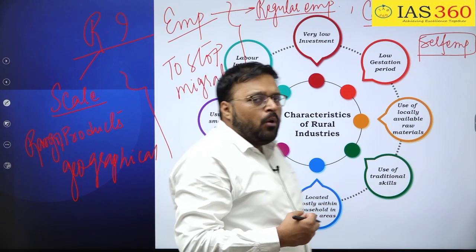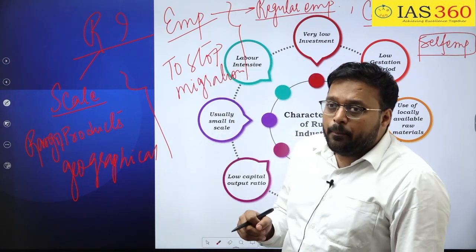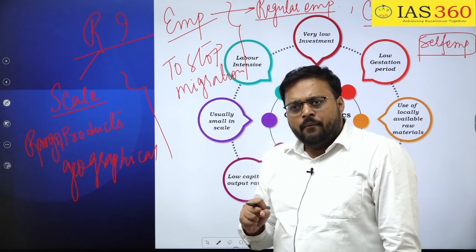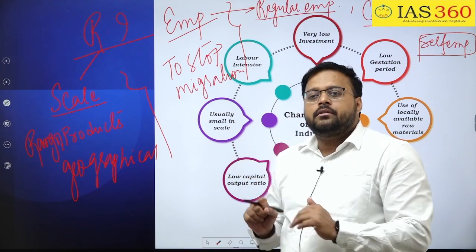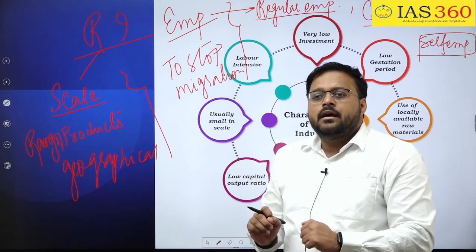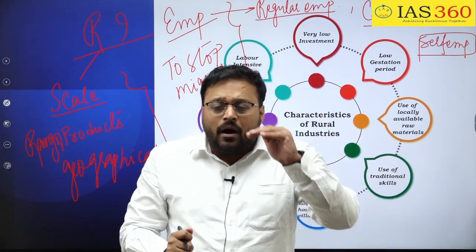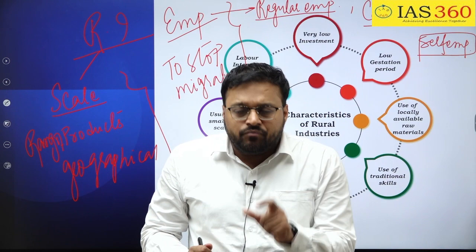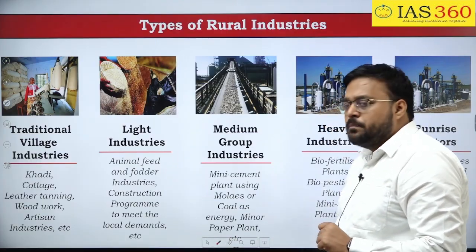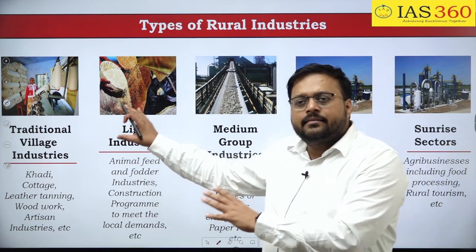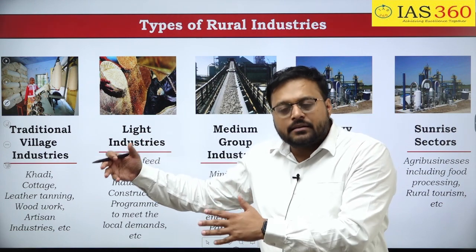Now you will ask, what kind of industries can be categorized under the meaning of rural industries? They can be traditional industries, light industries, medium industries, heavy industries, or sunrise industries. What comes under these subheadings, you will come to know when I show you this particular slide. Traditional industries are about footwear and Adi textiles.